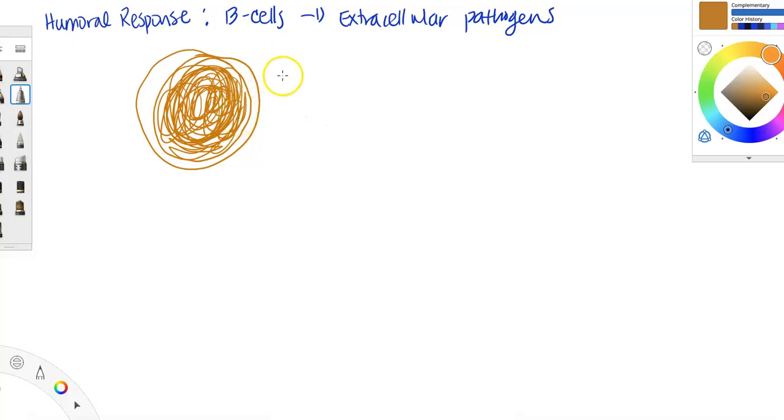Remember that the receptors are antibodies. They look maybe like that, and all of these antibodies have the same receptor. It's very specific, only looking for one type of antigen.